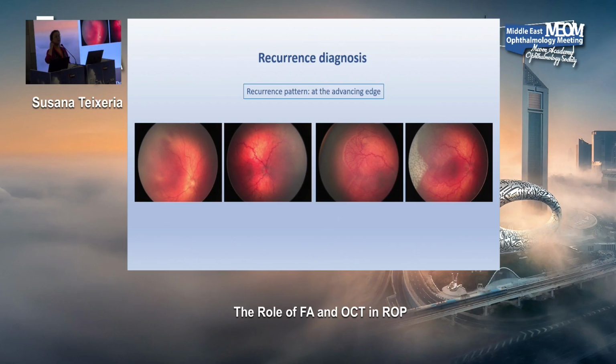Now, the recurrence diagnosis is clinical. You don't need angiography to make the diagnosis of recurrence. But of course, recurrence is easier to understand and to evaluate the extension if you have angiography.